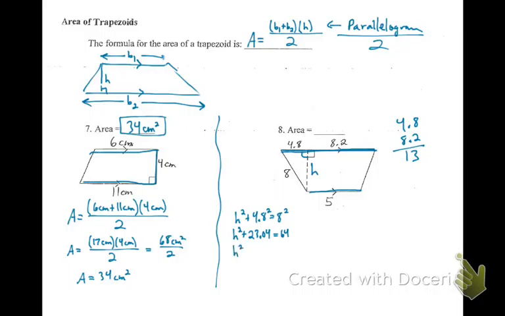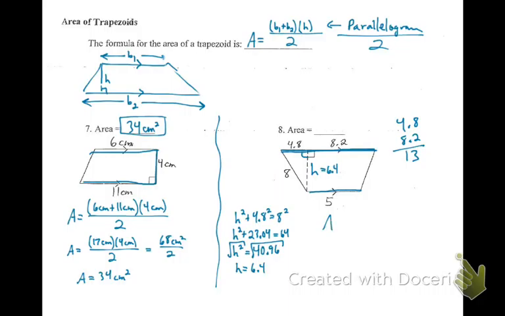Subtract that from 64. We get h squared is equal to 40.96. Take the square root of both sides. You end up getting h is 6.4. Okay, that's a nice number. No rounding needed.